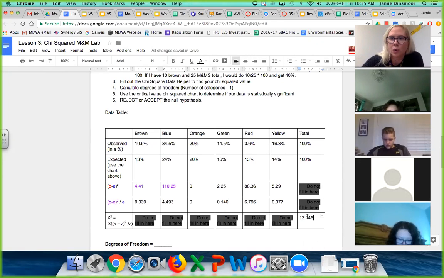So 12.145 is our chi-squared value, which we abbreviate as this x squared. That stands for chi-squared. So now we have to actually interpret and analyze what that number means.